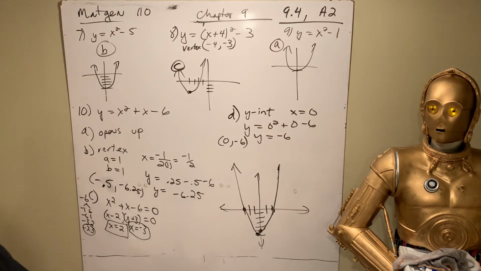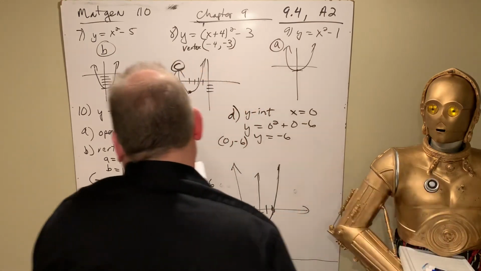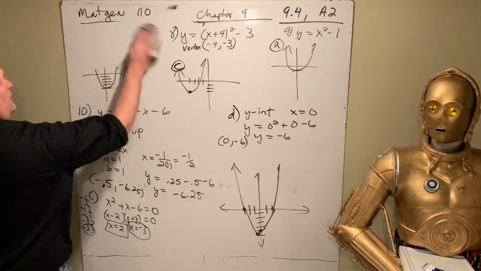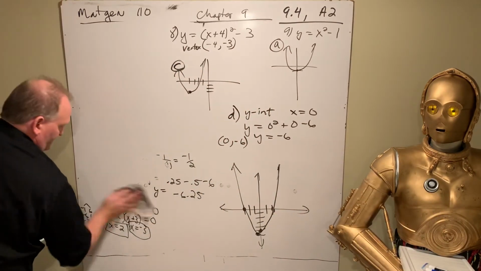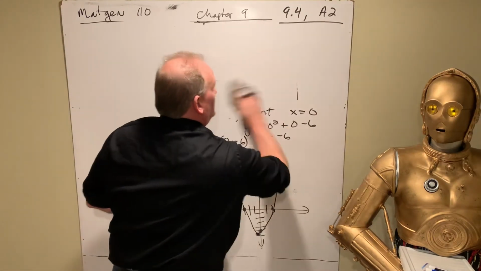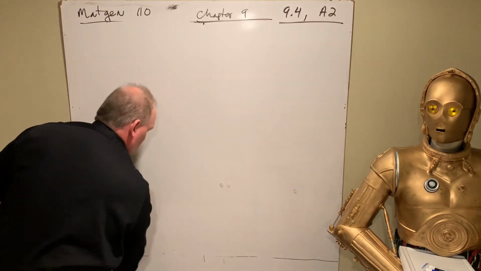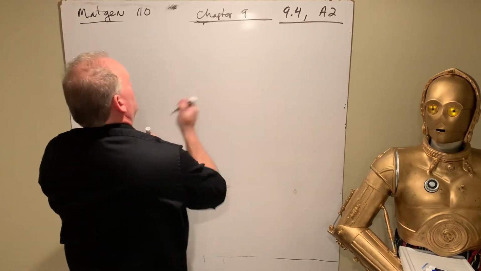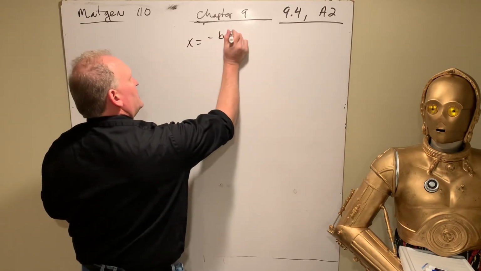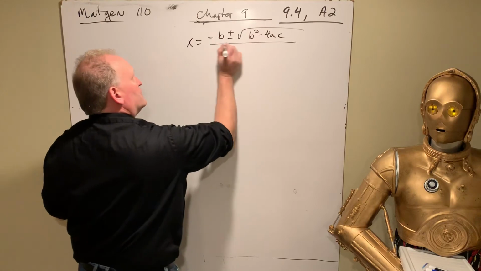All right. And then the last one, it says the discriminant. A sub 2, we're looking at A2 now. The discriminant is the thing inside the square root in the quadratic formula. So look, here's the quadratic formula, the opposite of b plus or minus the square root of b squared minus 4ac all over 2a.